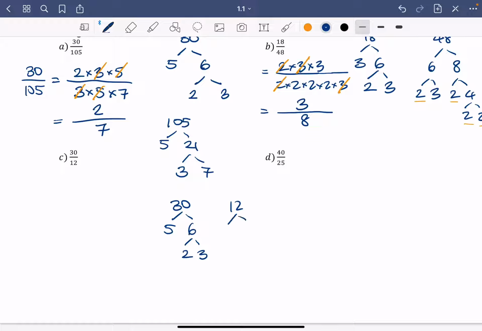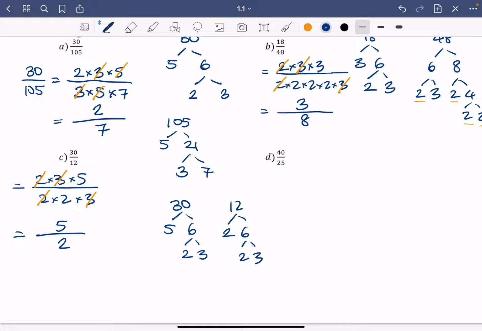And then 12, we have 2 times 6, and 6 is 2 times 3. Okay, so let's write that down. That will be 2 times 3 times 5, and then the bottom is 2 times 2 times 3. And let's see what we can cancel. We can cancel a pair of 2's, we can cancel a pair of 3's. So what's left on top is just 5, and on the bottom is just 2.